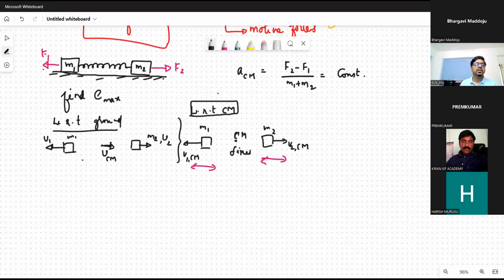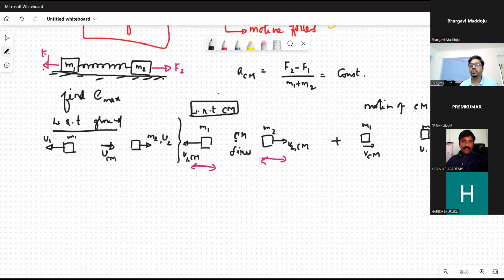And with respect to ground equals with respect to center of mass plus center of mass velocity. So you imagine that M1 and M2 are already having V cm. Both of them are going together with V cm.